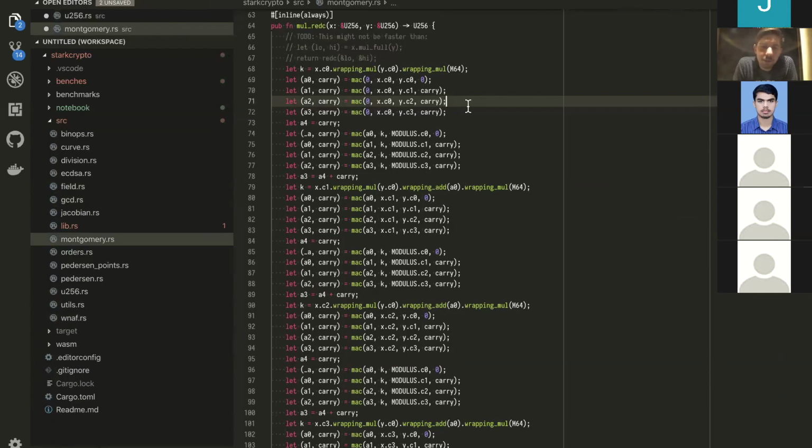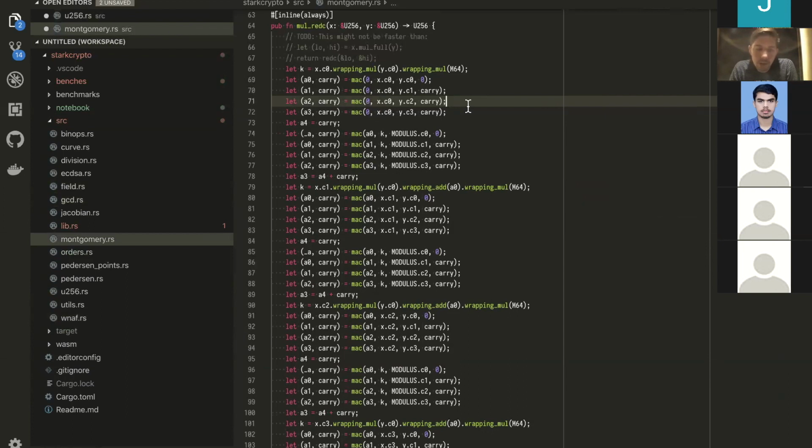At DEF CON 4, I pitched this idea to Starkware, and we started collaborating on how to use their Starks for a decentralized exchange. This is now StarkDEX, and we have our demo live. We'll be open sourcing and releasing a whole bunch of this stuff.